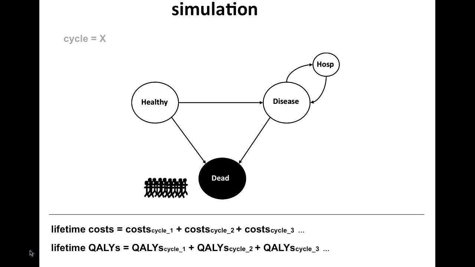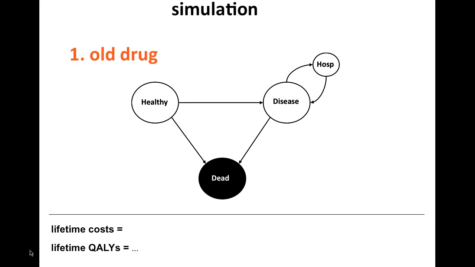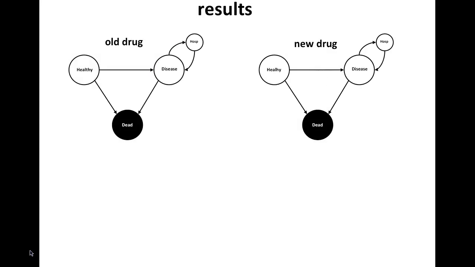The simulation is completed. In a cost-effectiveness analysis, a simulation with a cohort that is treated with the old drug is first performed, and lifetime costs and QALYs are collected. Then the same thing is done, but this time the cohort is treated with the new drug instead. As an example, the model gives us the following results.